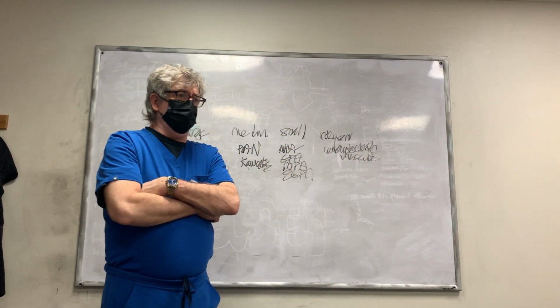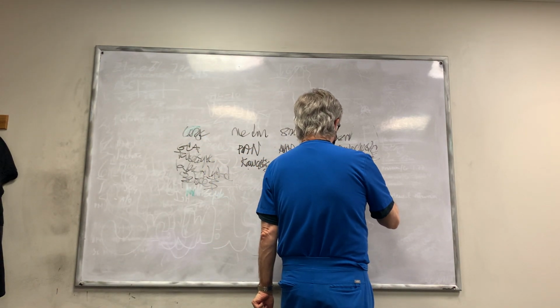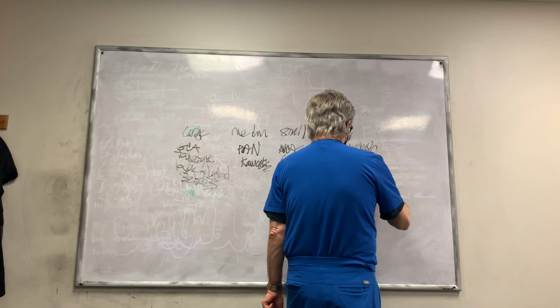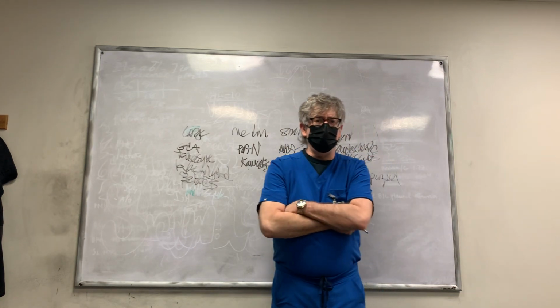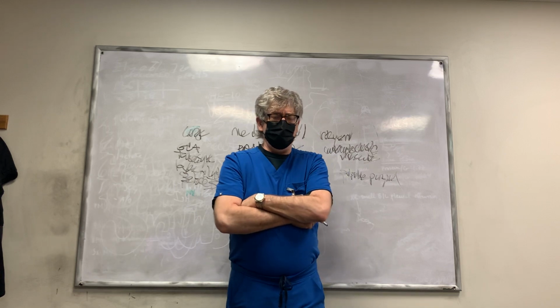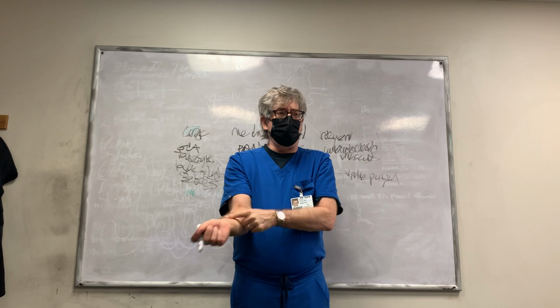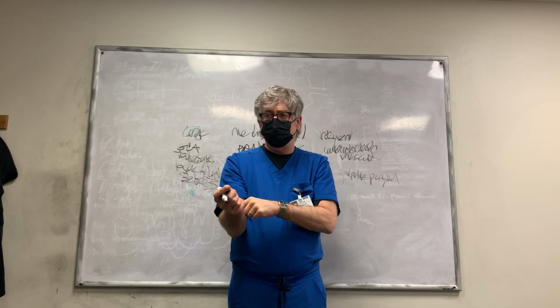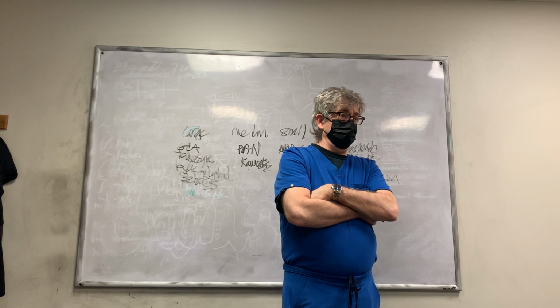So the hallmark of a leukocytoclastic vasculitis is a palpable purpura. That's the hallmark. So if you see a patient, and this would obviously be better with visuals, if you see a patient and they have a purpuric lesion and it does not blanch and it's palpable, you think of palpable purpura, leukocytoclastic vasculitis.